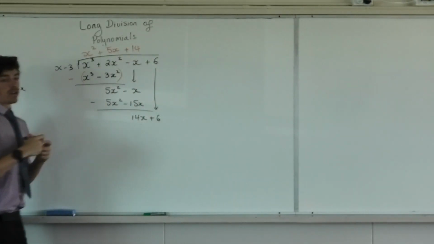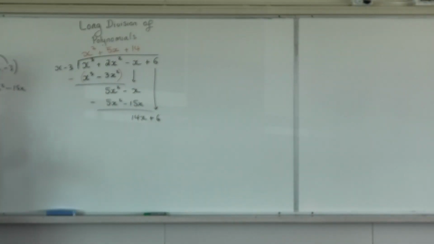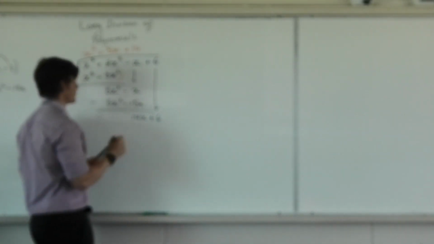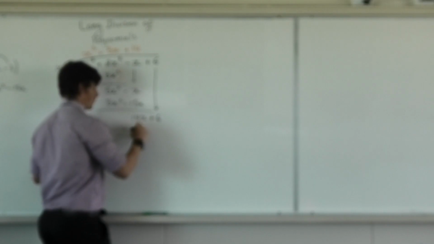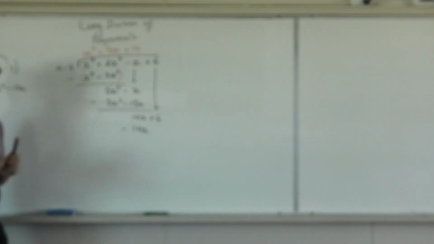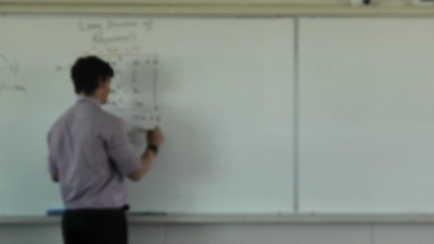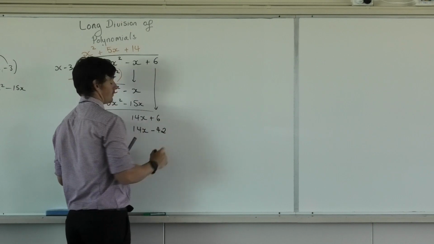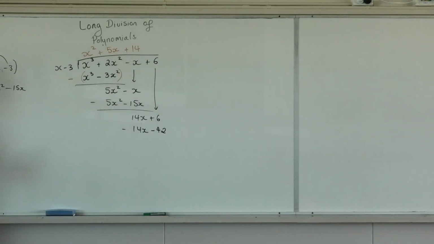What do I do with that 14? Times it by x minus 3. What's 14 times x? 14x. What's negative 3 times 14? Negative 42. What do I do with those?